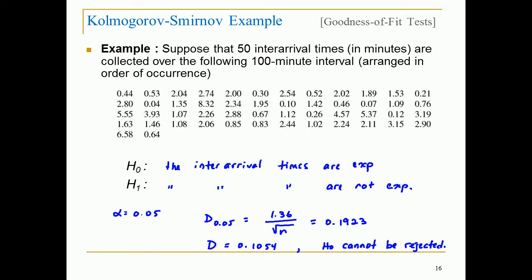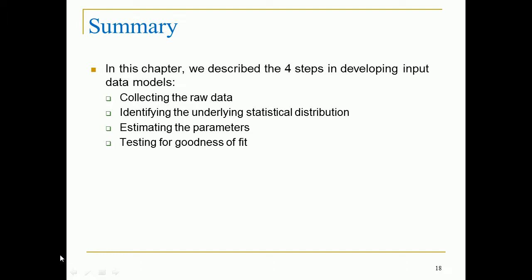Okay? So with this example, we complete the material for the input modeling topic. In this chapter, we described the 4 steps in developing input data models: collecting the raw data, identifying the underlying statistical distribution, estimating the parameters, and testing for goodness of fit.